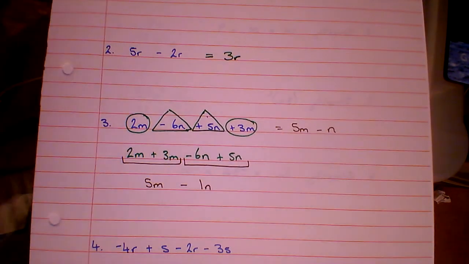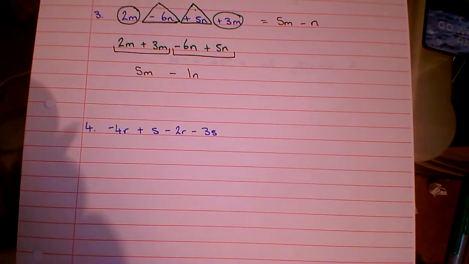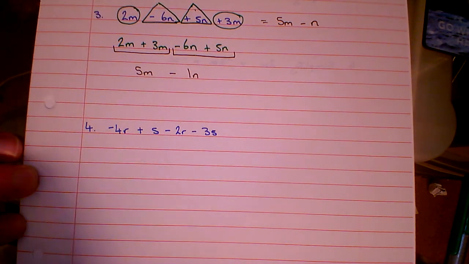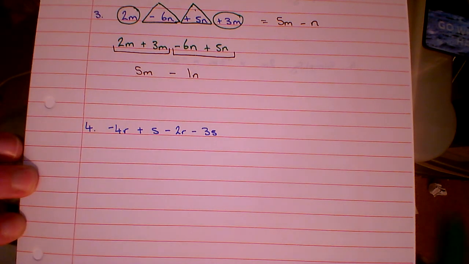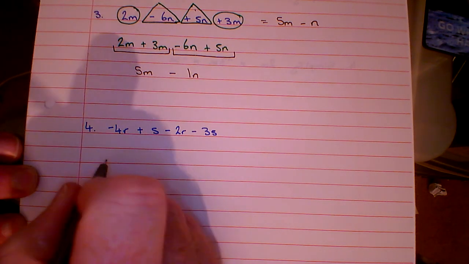Okay, so we're going to see that again, just so you can see what to do. So I've got R's and S's. First step, write them out so that all the R's and all the S's are next to each other.